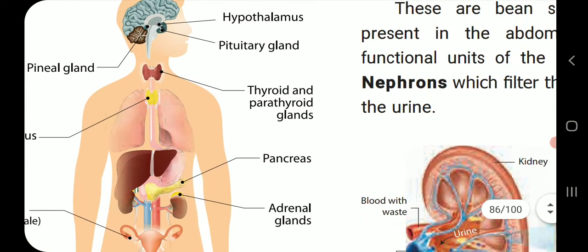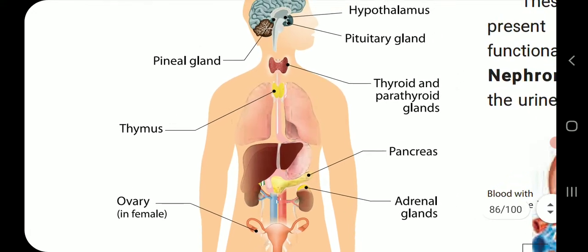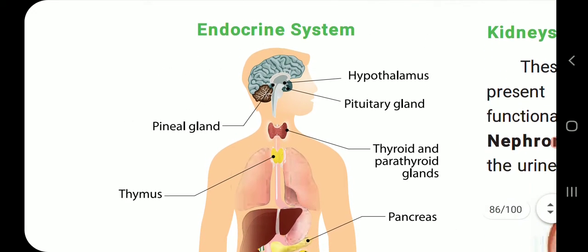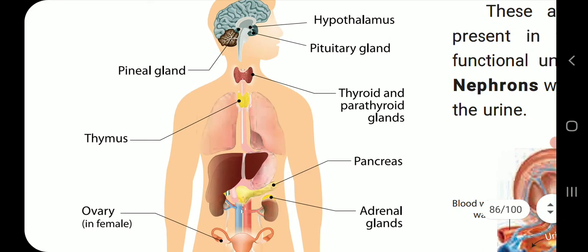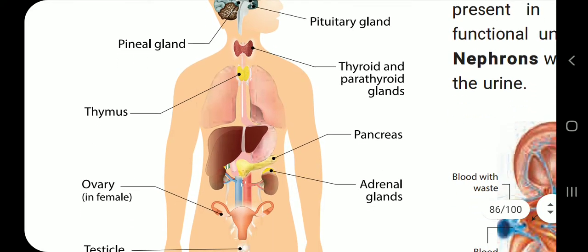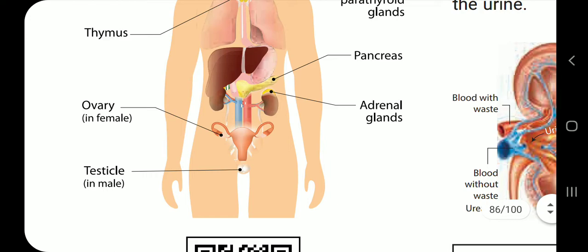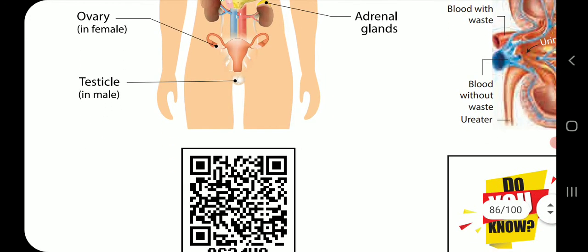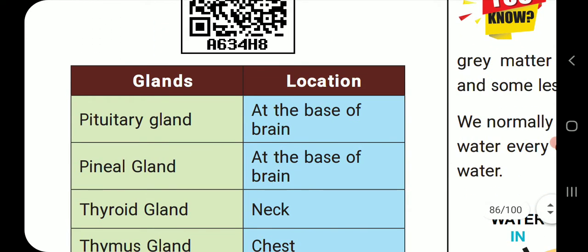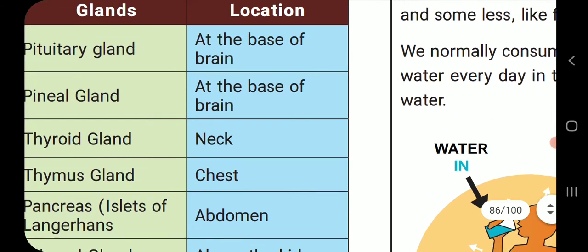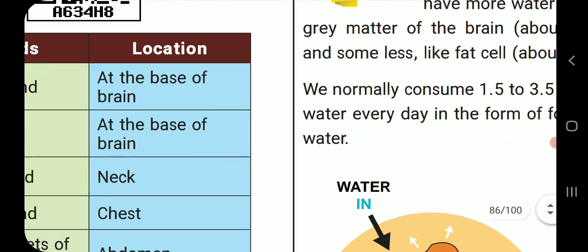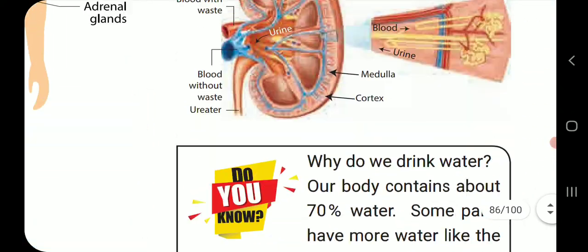Finally, coming to the endocrine system, where the glands or the hormones are being secreted: hypothalamus, pineal, thymus, ovaries, testes, adrenal. Okay, now they have given the location of the hormones as well as the glands that produce them.